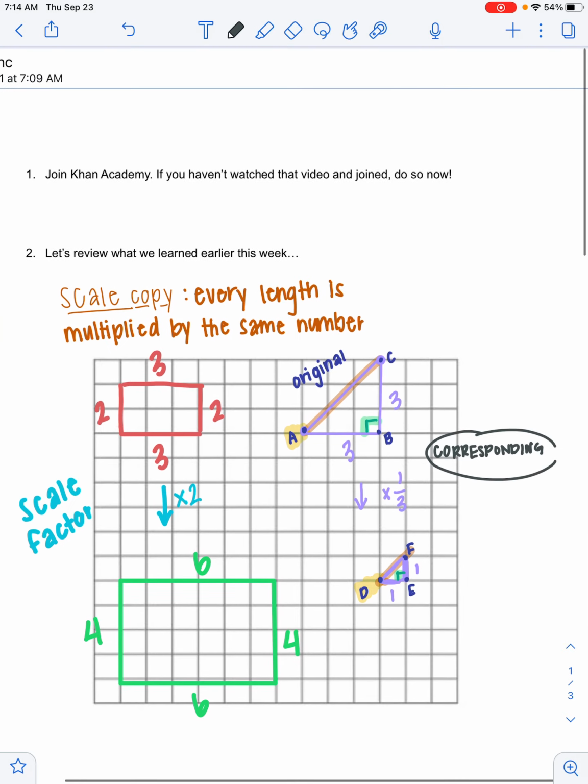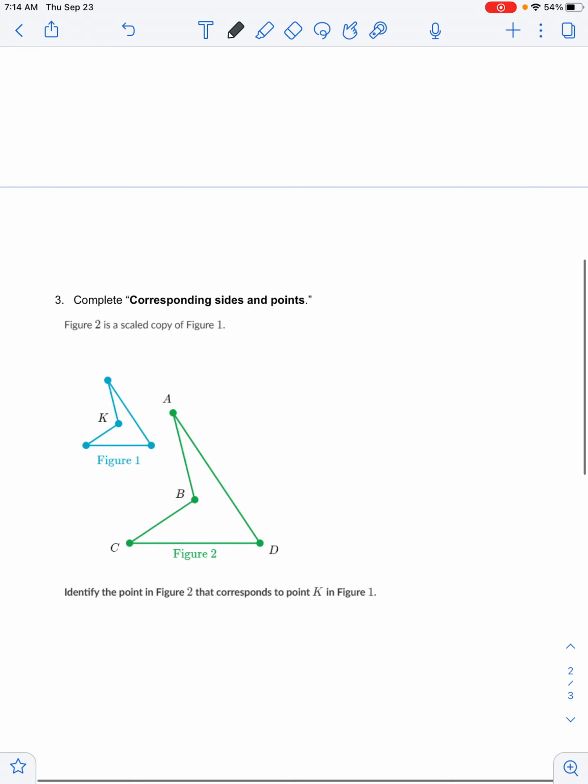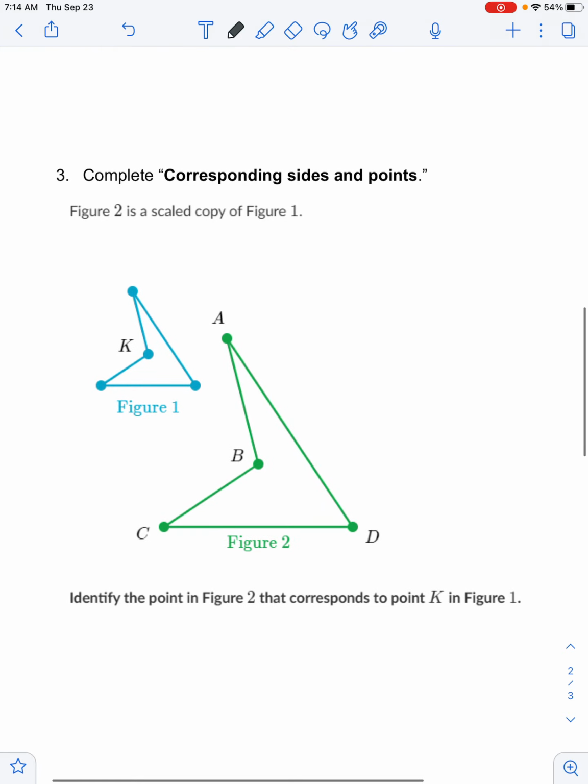So that's kind of an overview of what we've been talking about. Let's take a look at what you'll be working on today. The first activity you're working on today in Khan Academy is completing corresponding sides and points. Here's an example question. So watch me do the example, then open the Khan Academy assignment, and that should help you get through it. This example says figure 2 is a scale copy of figure 1. Identify the point in figure 2 that corresponds to the point K in figure 1.